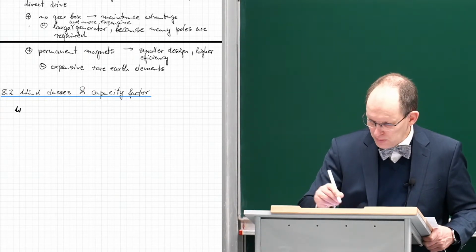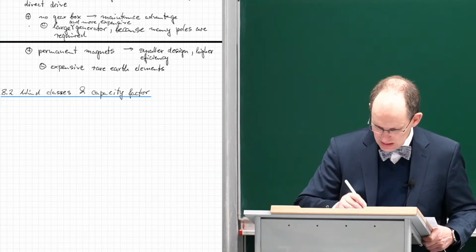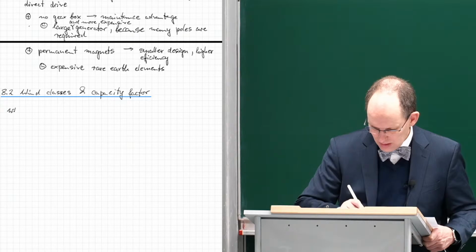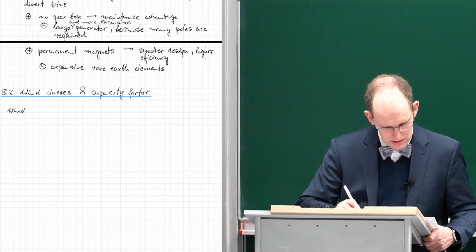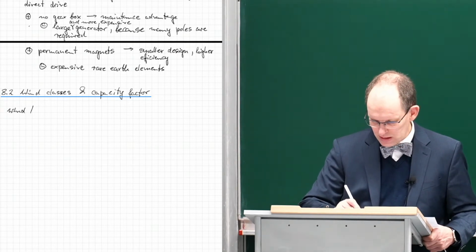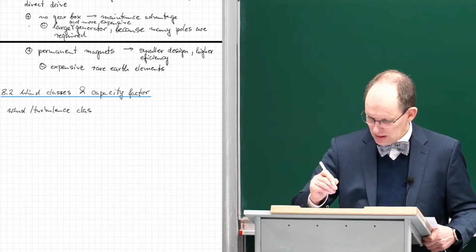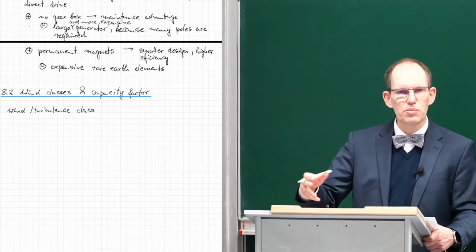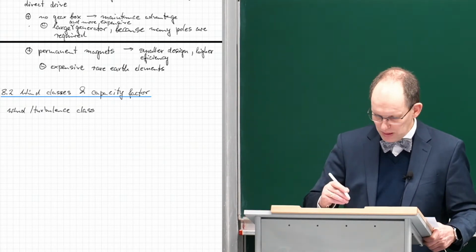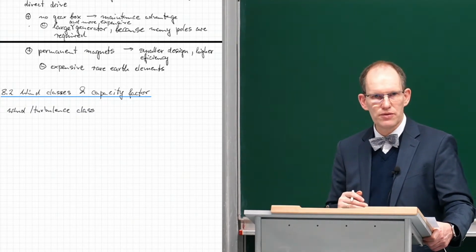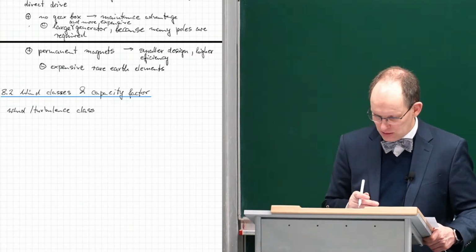So we have the wind and turbulence class. And of course, they correspond to an average wind speed, and it's measured at the height of the hub, at the height of the rotor axis.